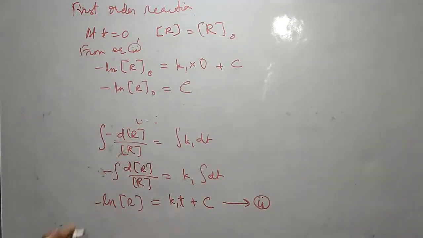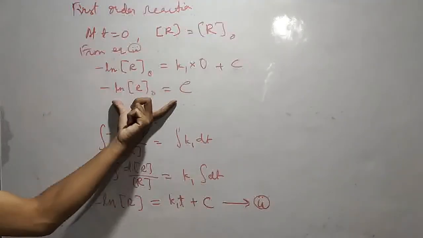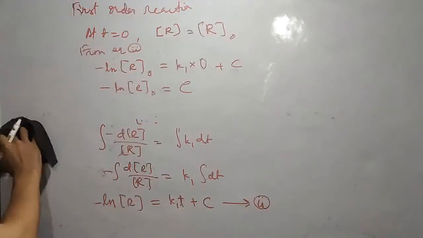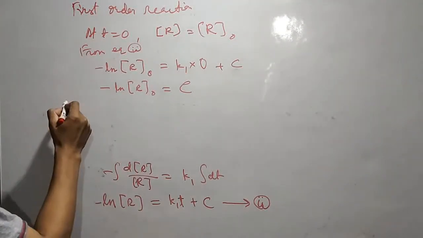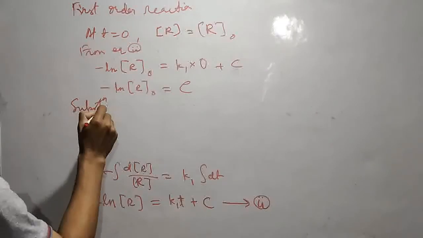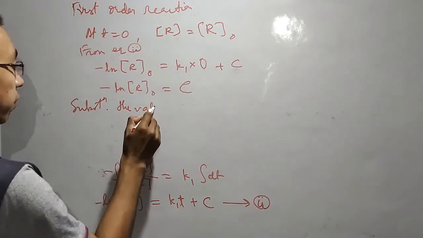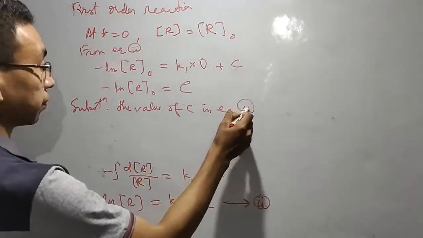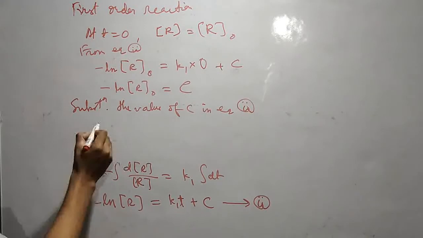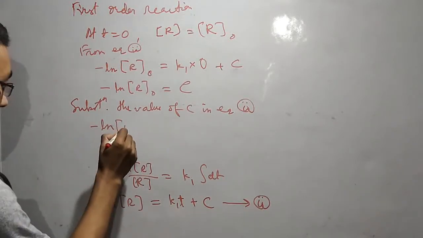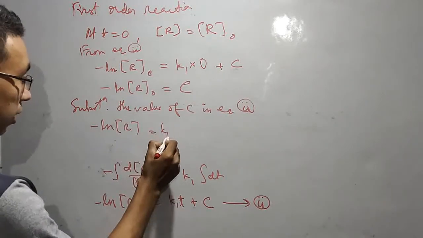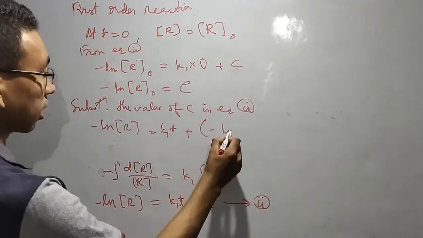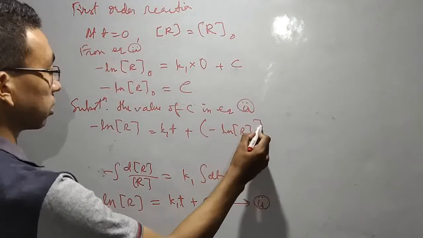Now we shall substitute the value of C in equation number 2. So we get minus ln R equals K1 t plus C, and the value of C is minus ln R naught.